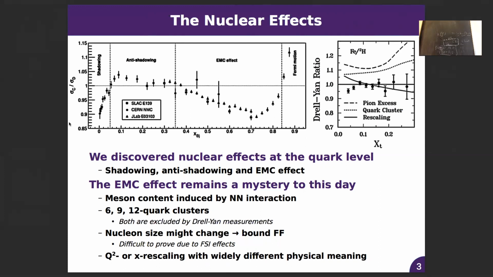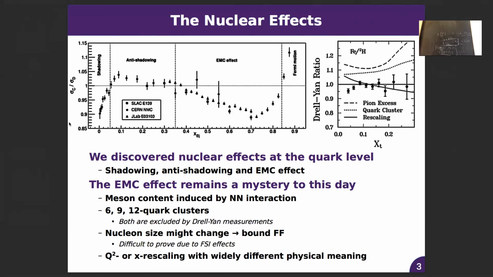I want to remind people of the anti-shadowing, which didn't get much love in the past time from either theorists or experimentalists, but I think it's very worth thinking about, and it actually falls right in a place where JLab, for example, measures very well. So there is no reason not to look into these things.